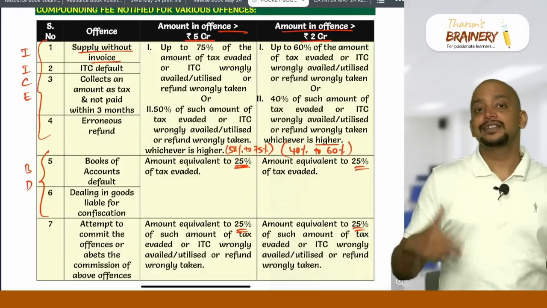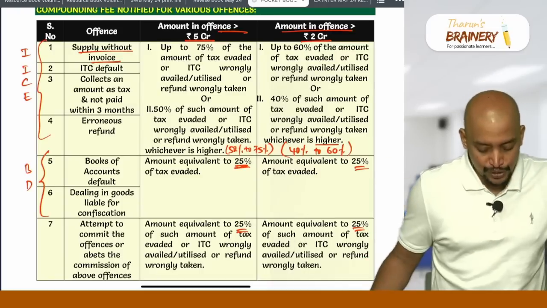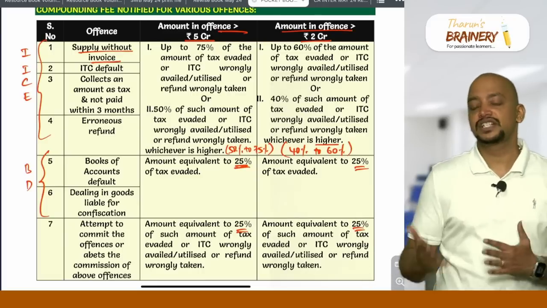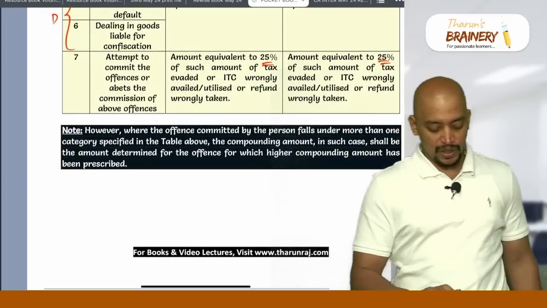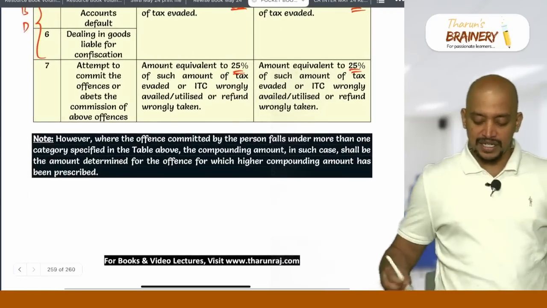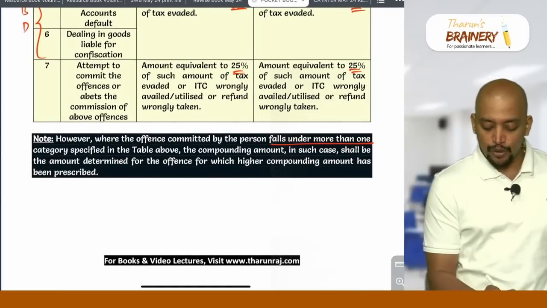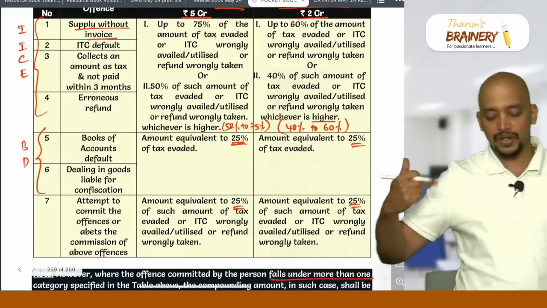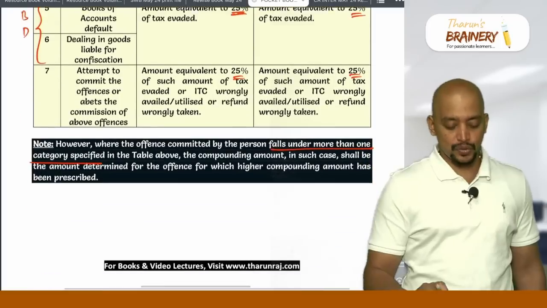In the remaining offences, wherever compounding is possible, if it is exceeding 2 crores, then it will be 40 to 60%. If it exceeds 5 crores, 50 to 75% will be taken. However, where the offence committed by the person falls under more than one category, say for example, he is doing ITC default as well as books of accounts default, then what will be taken?